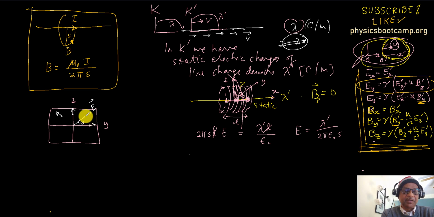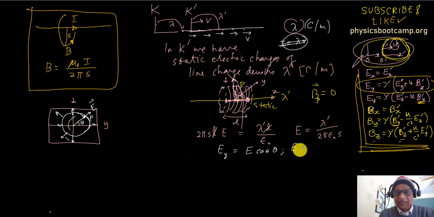So electric field is just pointed in the YZ plane radially out of the wire. So if you pick an arbitrary point P in the YZ plane, then Ey is going to be E cosine theta, and Ez equals E sine theta.